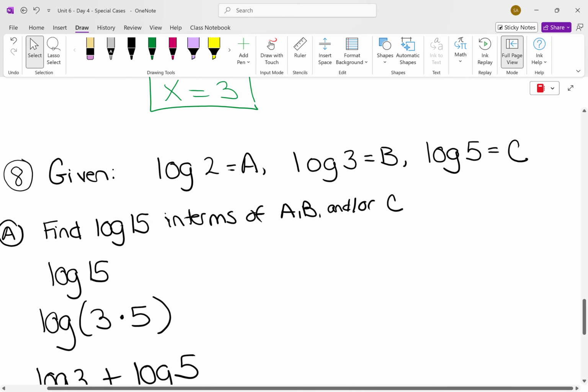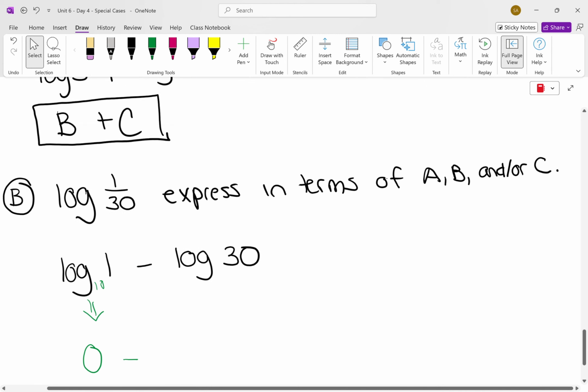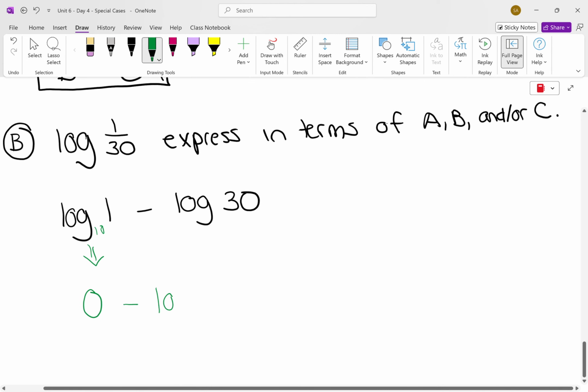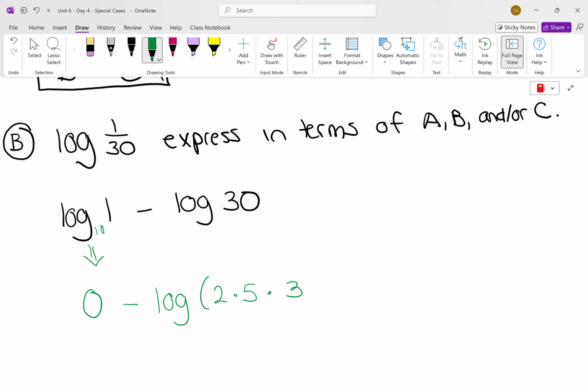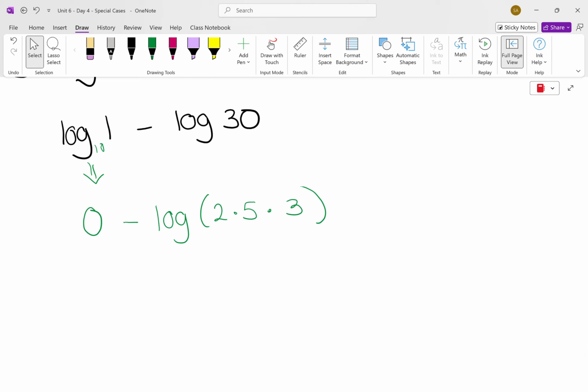So now I just have 0 minus, and now I have 30. Can I split 30 up into multiples of 2, 3, and 5? I think so. Can I have 2 times 5 times 3? Doesn't that equal 30? So what am I going to do with this argument, 2 times 5 times 3?